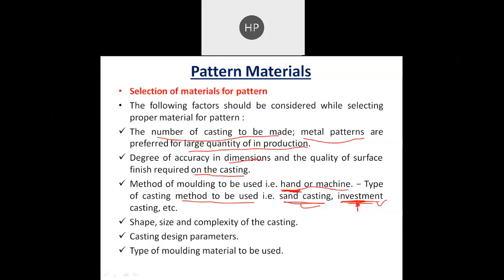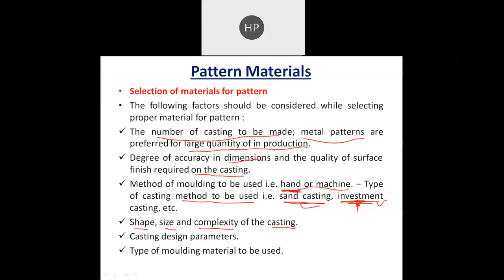Then, what is the shape, size and complexity of the casting? Based on that we have to select the material, because some difficult or complex shapes are very difficult to manufacture from materials like metals, but we can easily make them from plastic, wax, plaster or wood.